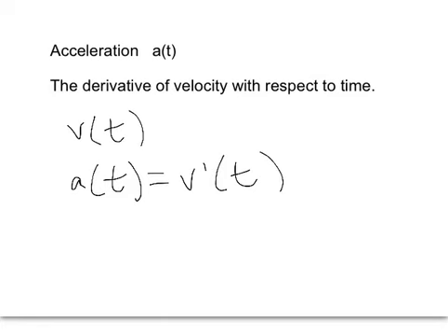That's acceleration. If you imagine yourself at a stop sign and you start going 5 miles an hour faster every second, for the first second you'd be going 5, and then after the second second you'd be going 10, and after the third second you'd be going 15, and so on. And you're going faster and faster and faster because of acceleration.